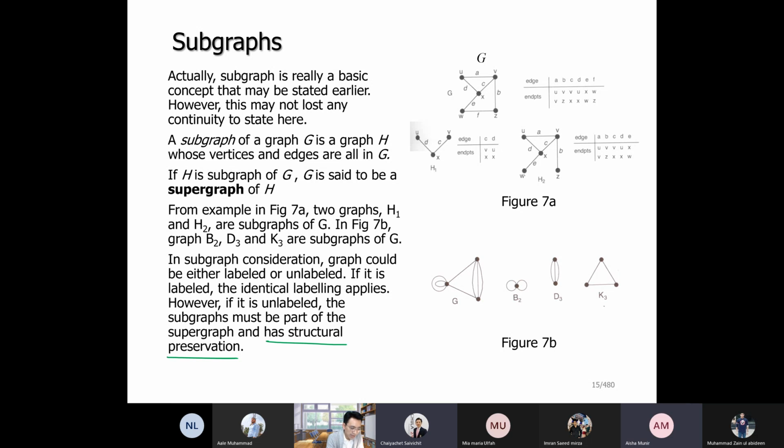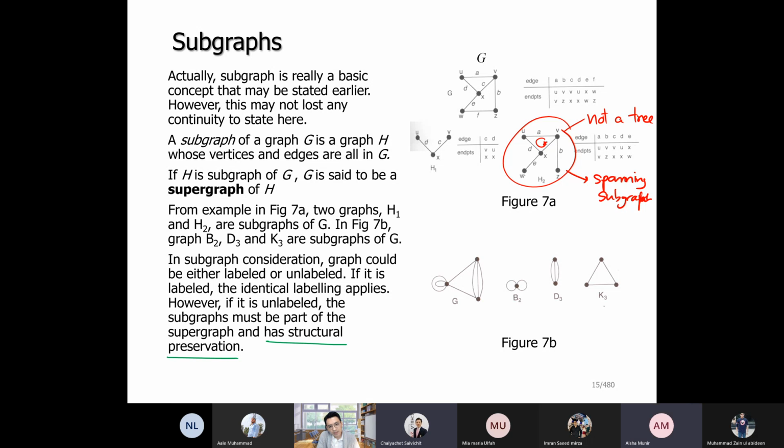This one is a spanning subgraph, but it is not a tree. Why? There is a cycle here, right? Okay, sir. So it's a spanning subgraph, but it's not a spanning tree.